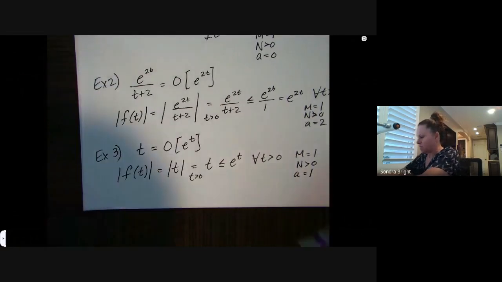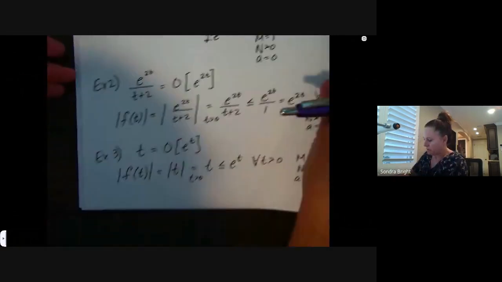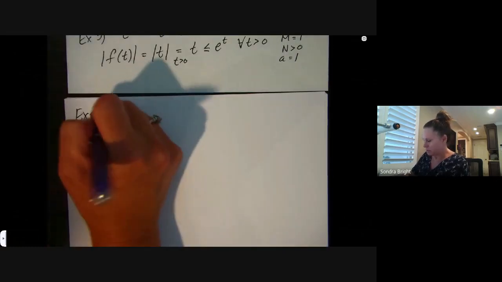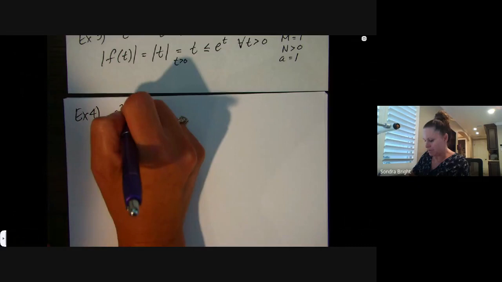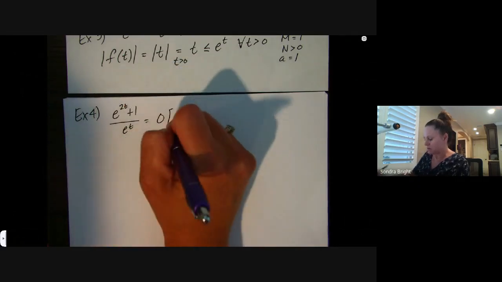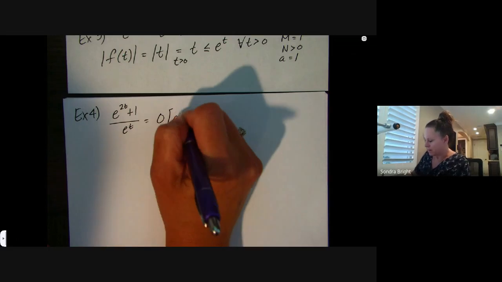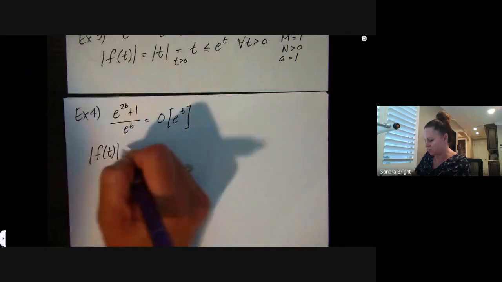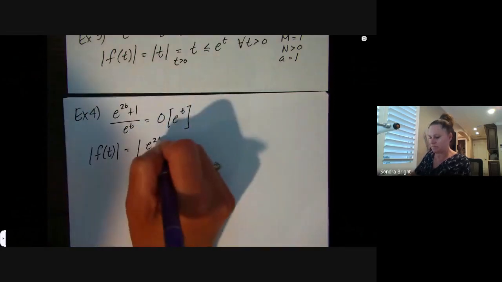All right, one more. Let's show that e to the 2t plus 1 over e to the t is of the order of e to the t. The absolute value of f of t would be the absolute value of e to the 2t plus 1 over e to the t.